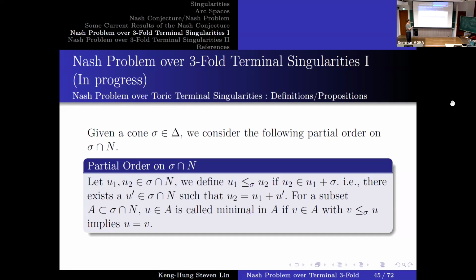We say that u in some subset A is called minimal if it is a minimal element with respect to this partial order.